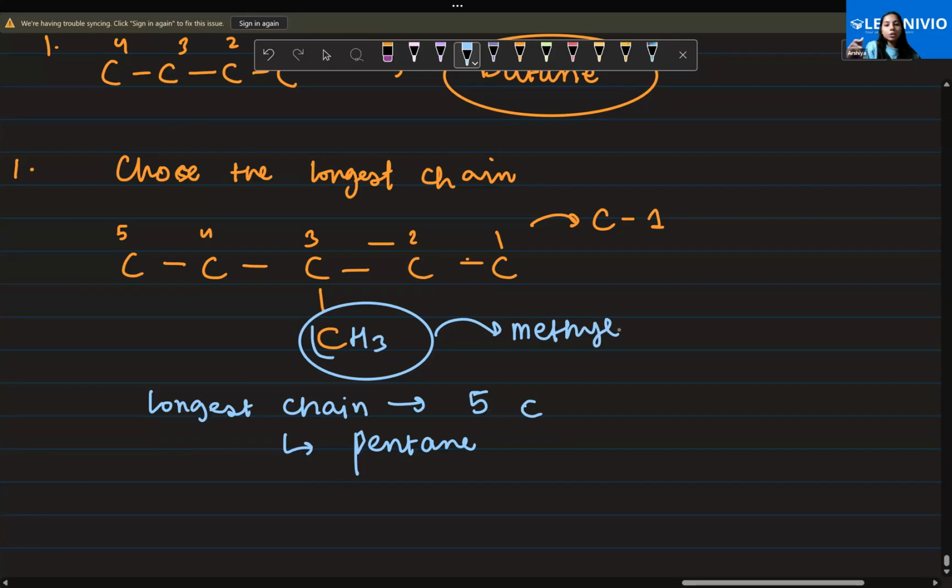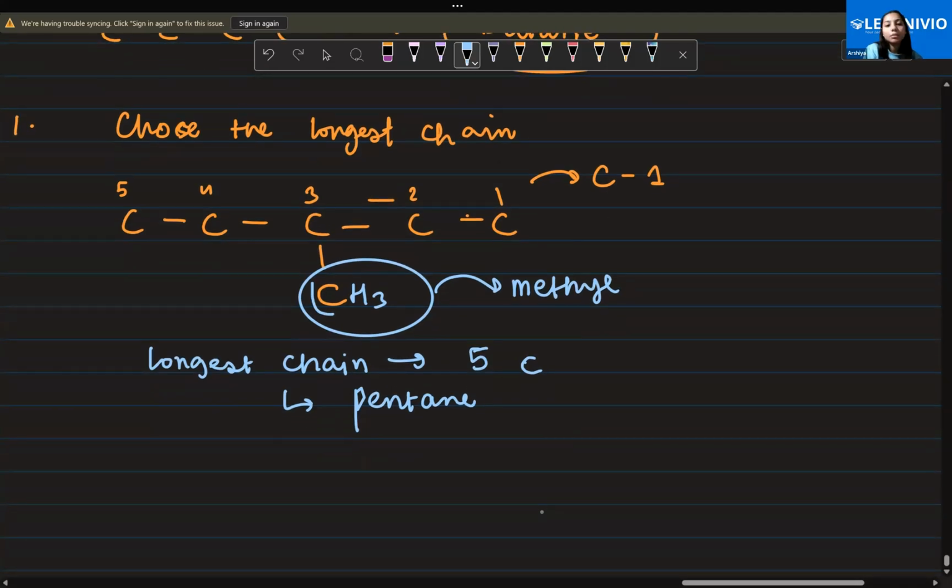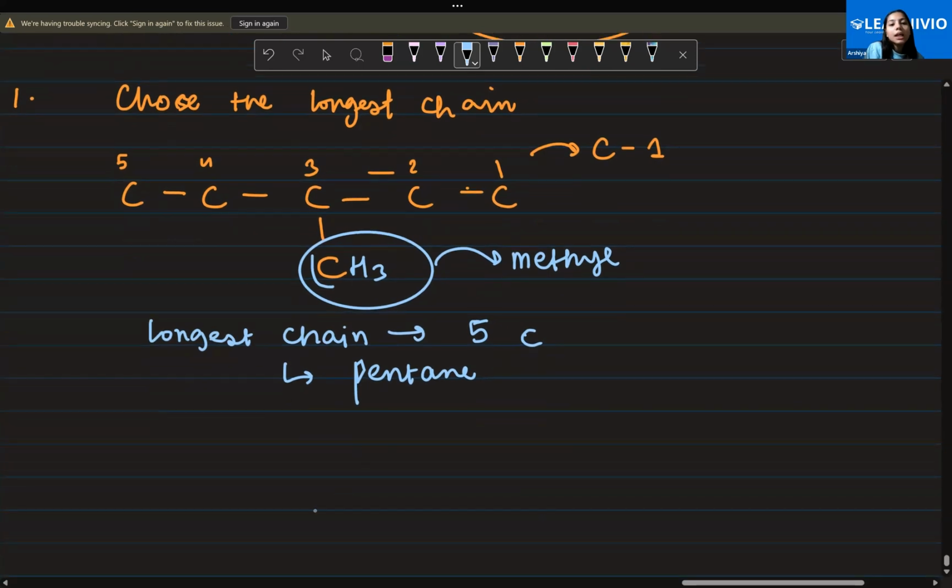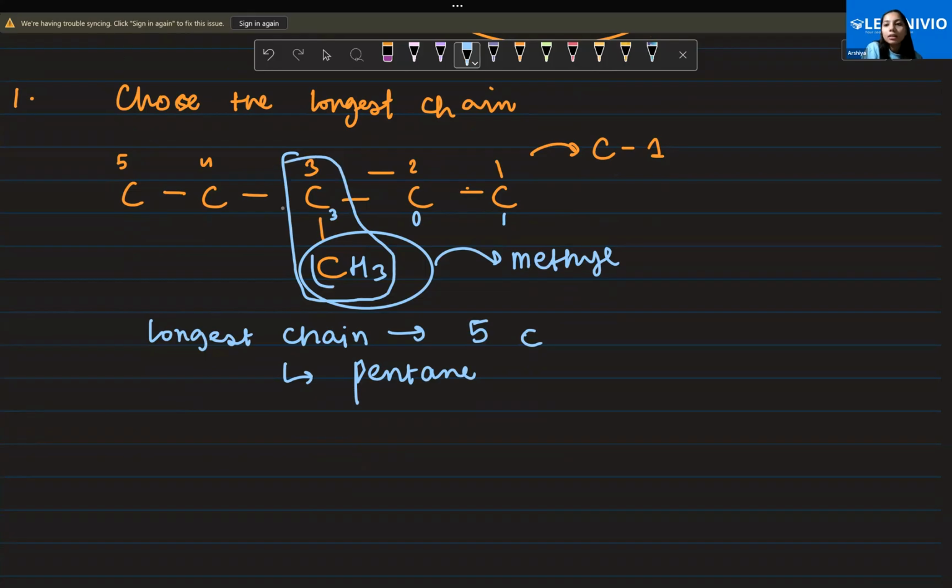So that means in my carbon chain, I have one more group, and it's methyl. I have to include this methyl in the carbon chain, so I will count the number till methyl. 1, 2, and 3. So on the third carbon, I have my methyl. Now look, I am going to write it.